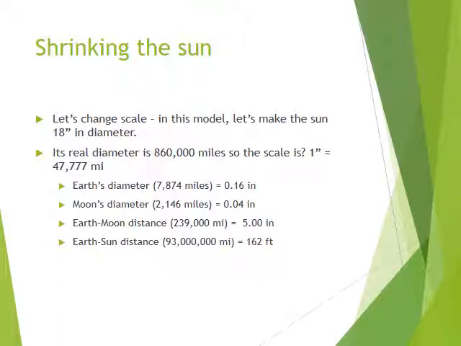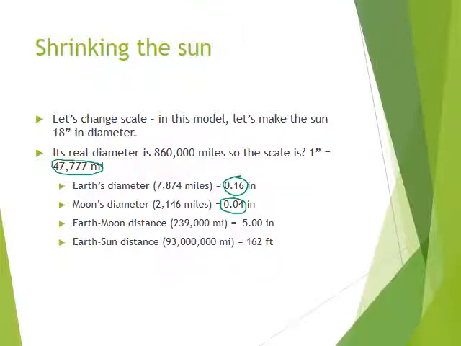And it turns out that 1 inch of my exercise ball is about 50,000 miles, which means in this new scale, my Earth, instead of being a basketball, would only be a ball that would be a fraction of an inch. And of course, the moon, being even 1/4 the size of the Earth, would be even smaller still.